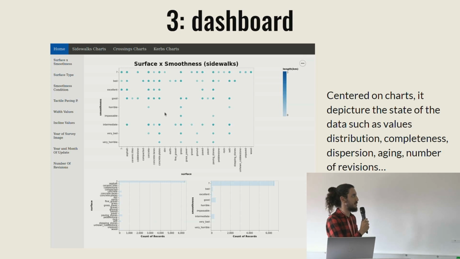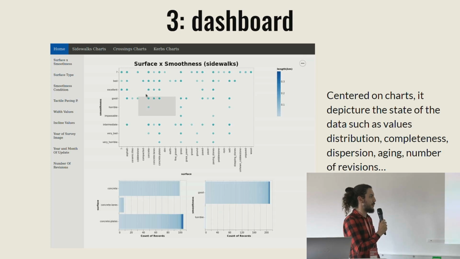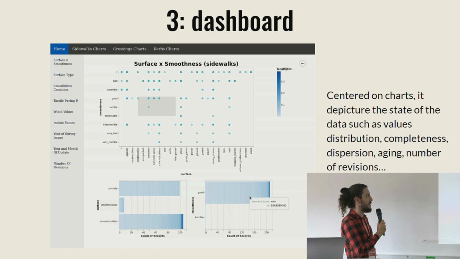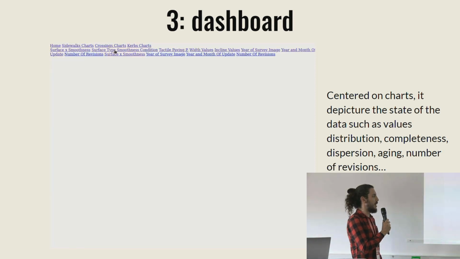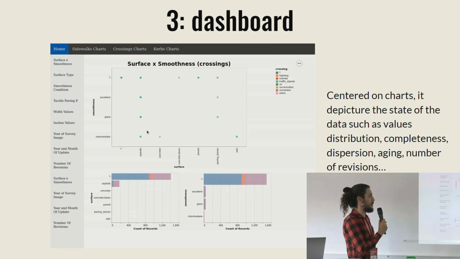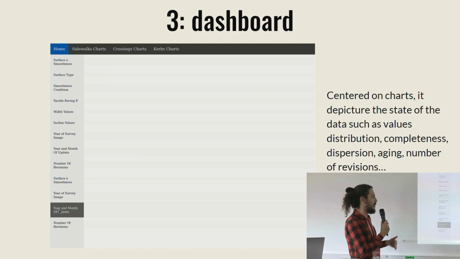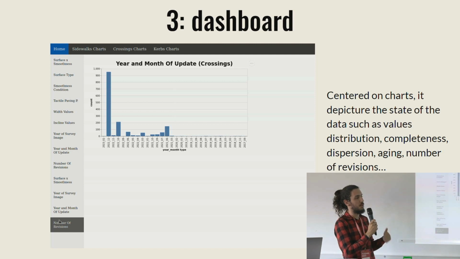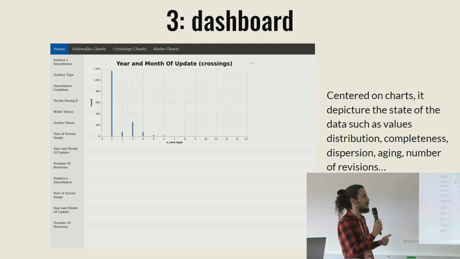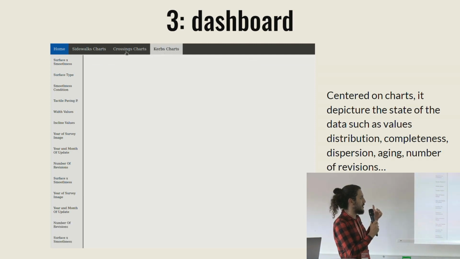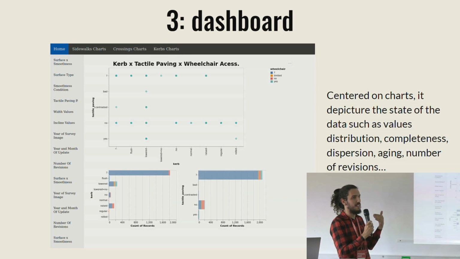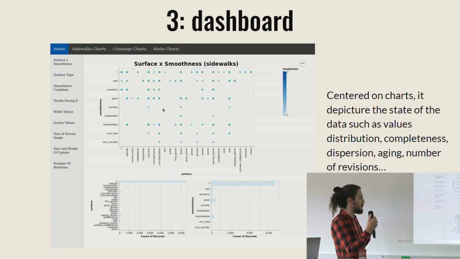Another module is the statistical dashboard, where you get the bigger picture of the data. You have all the data aggregated, and then you can see how many kilometers of sidewalks made of concrete you have, and you can see the number of revisions, the data aging, and so on.